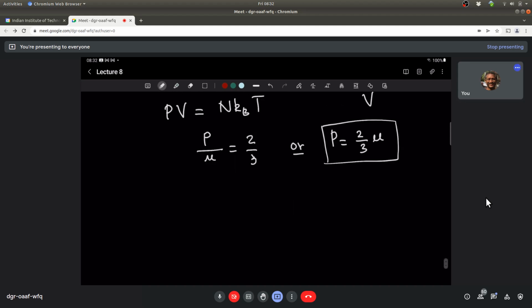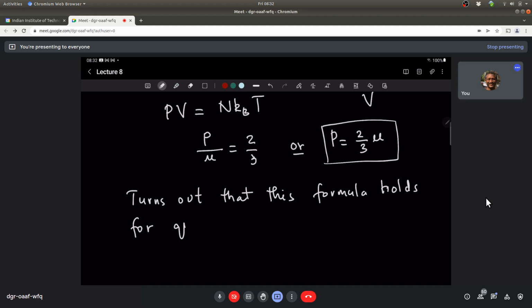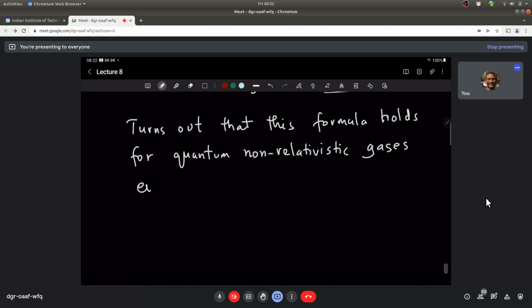Okay, so it turns out, and we will see, that this formula holds for your quantum gases, even though the ideal gas law doesn't hold.